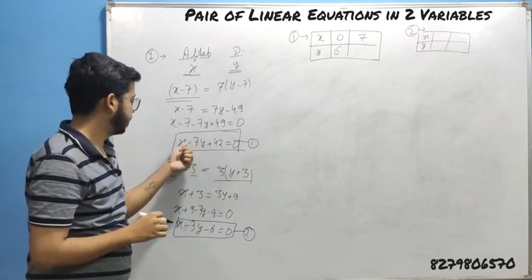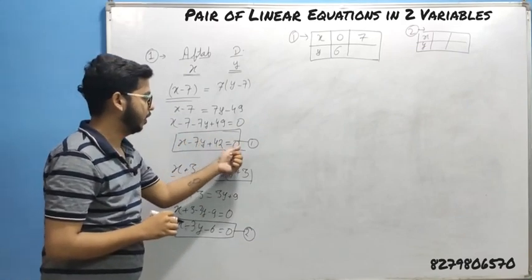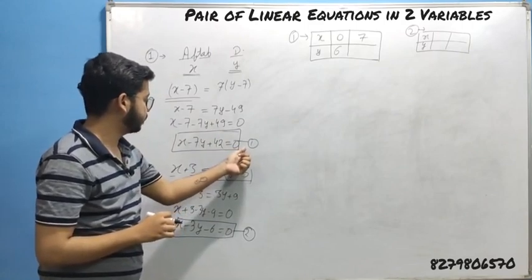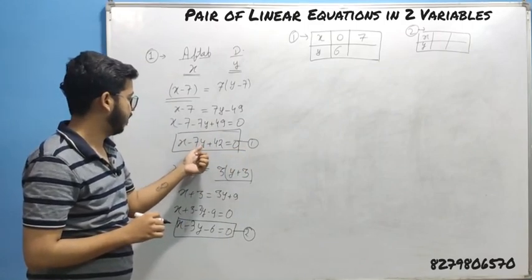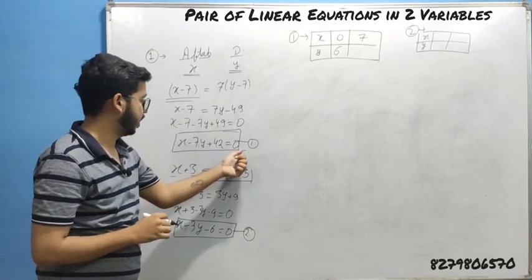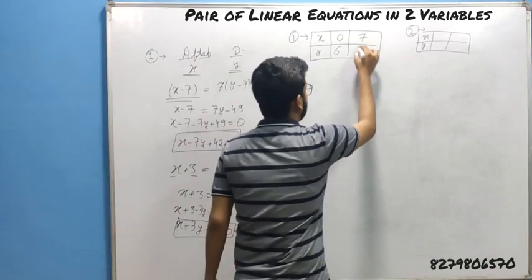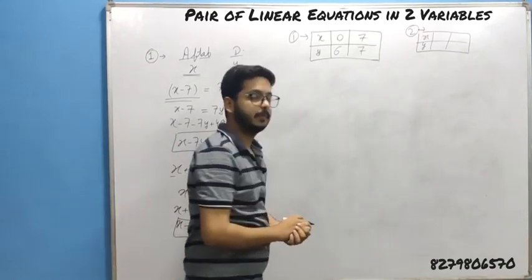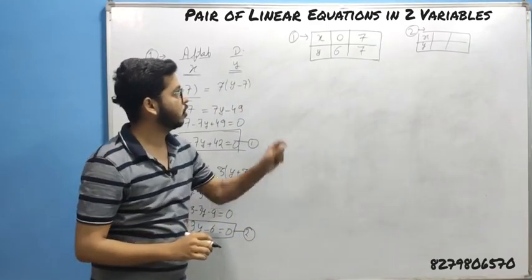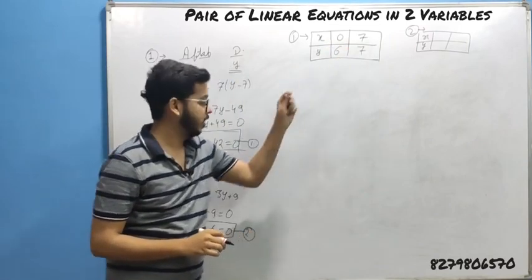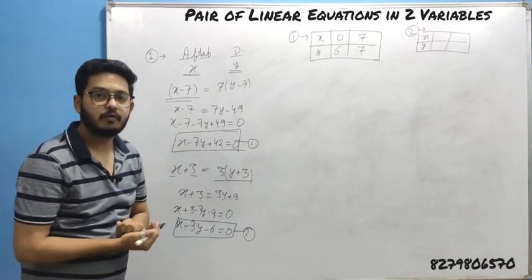Then 7 plus 42 is 49, and if we take this across, it becomes minus 49, so y will be minus 49 divided by minus 7, so the value of y is 7. So we got 2 points for our linear equation number 1.